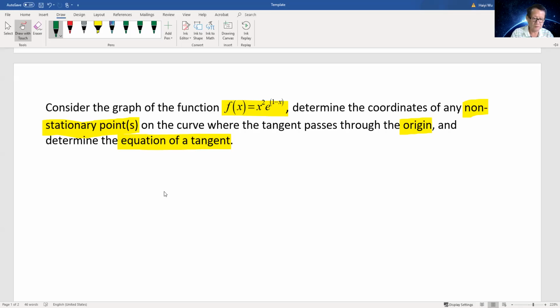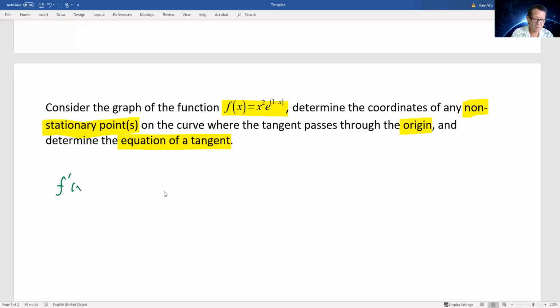First we differentiate f(x). We use the product rule, which gives 2x times e to the power of 1 minus x, plus x to the power of 2 times the derivative of e to the power of 1 minus x, which is e to the power of 1 minus x multiplied by -1.